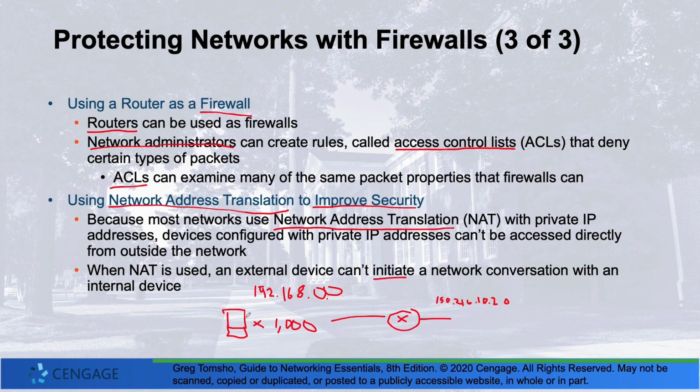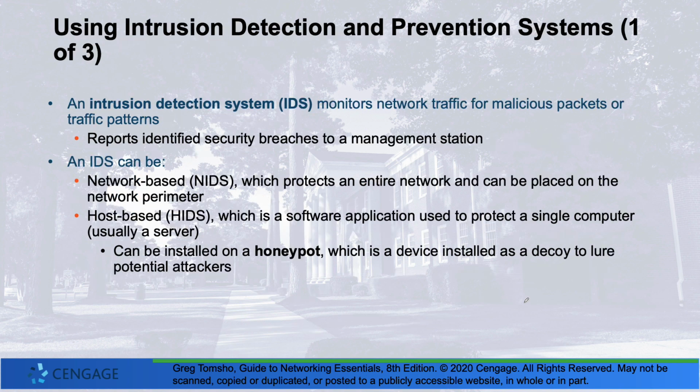So the traffic is going to have to start from here and ask for traffic on the internet, and then it's going to allow it back through. If I have a hacker on the internet that's sending files or attacks, if we're using NAT, the outside person cannot initiate communications with anybody on the inside. So that really improves our network security.